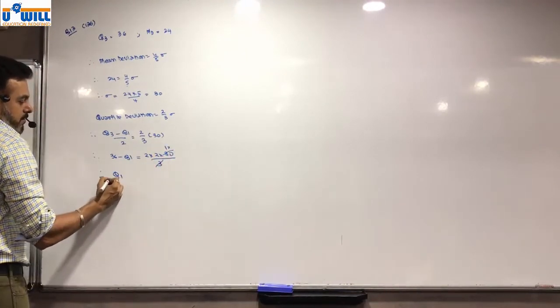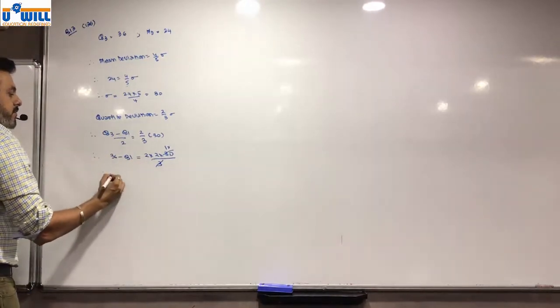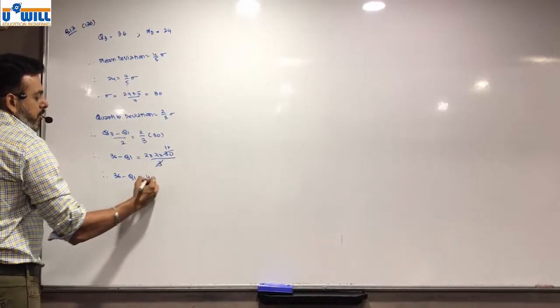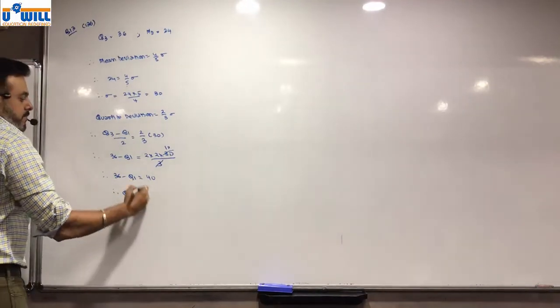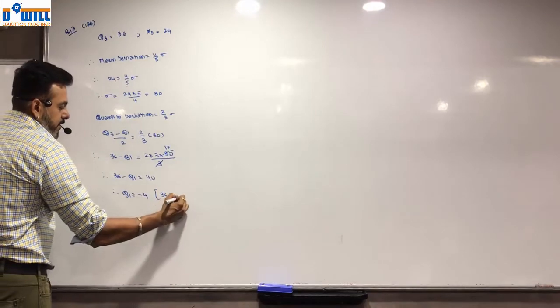Therefore, 36 minus Q1 is equal to 40. Therefore, Q1 is equal to minus 4. 36 minus 40.